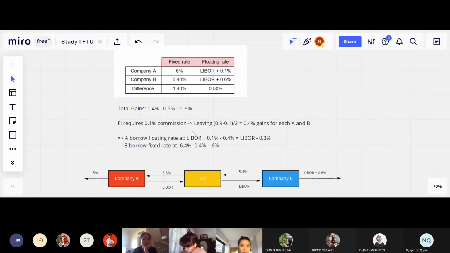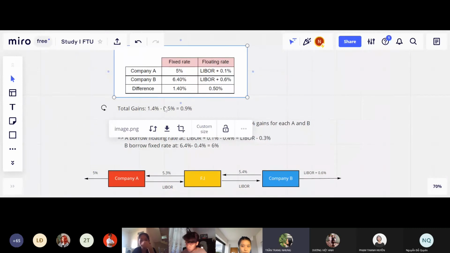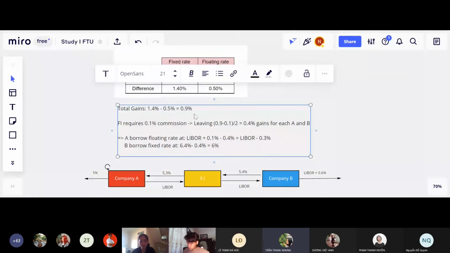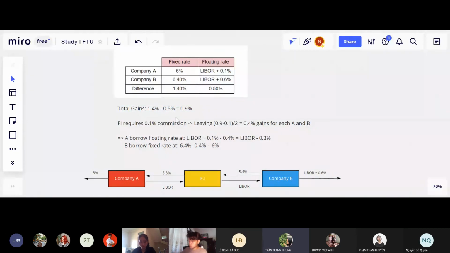Yes, very colorful. Okay, so first I will find the difference in the fixed rate and floating rate between company A and company B. Then I will find the total gain, which equals 1.4% minus 0.5%, and I got 0.9%.